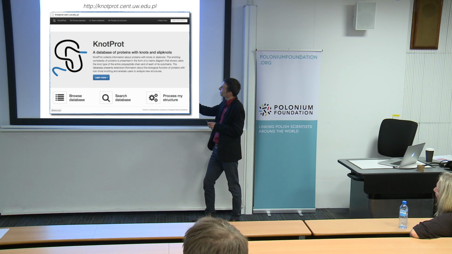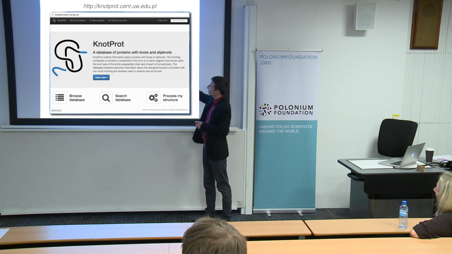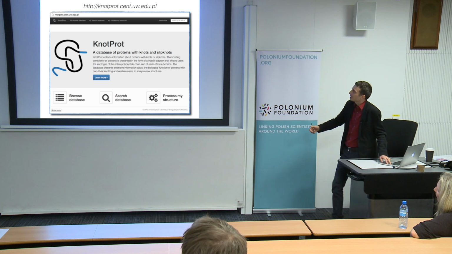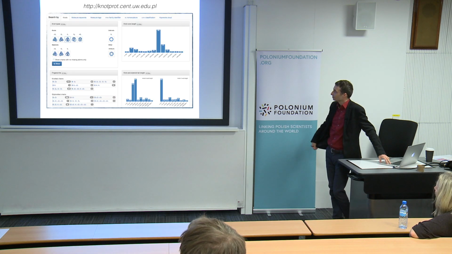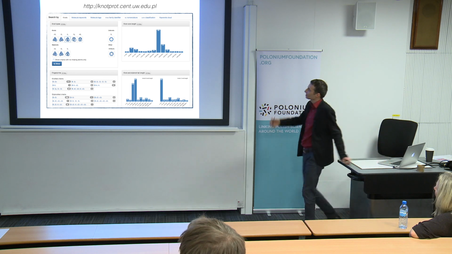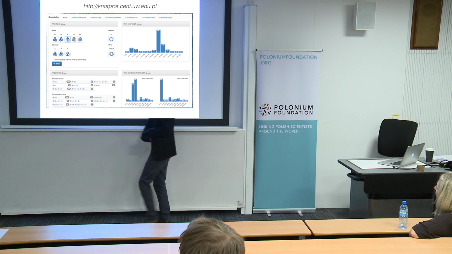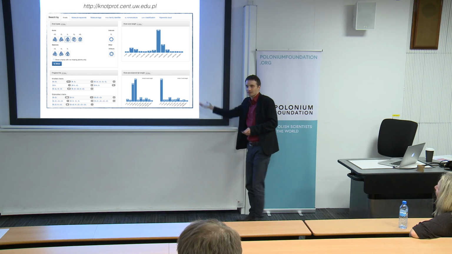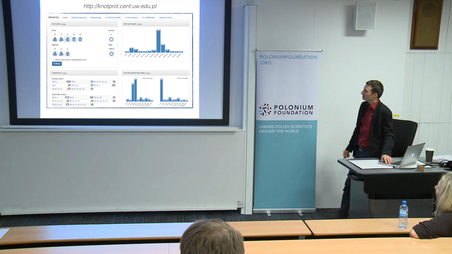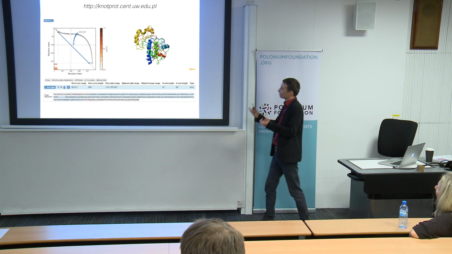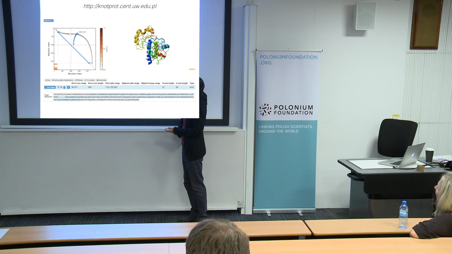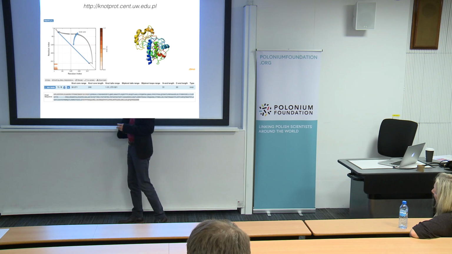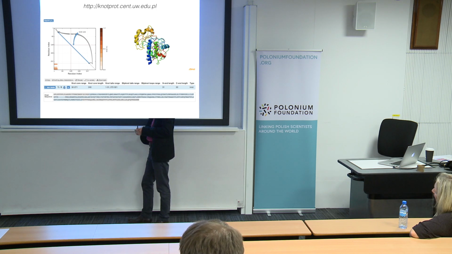Automatically the structures are tested by the KnotProt website, and if they are knotted, they are also assembled into the KnotProt database. In this database we have different types of knots, different classifications, and so on. I will not explain details now, but you can go to this website and look at that. If you find a particular protein, you can see how it looks in a graphical picture, and we also have a graphical presentation of where the knot is located and some other details of that knotting.